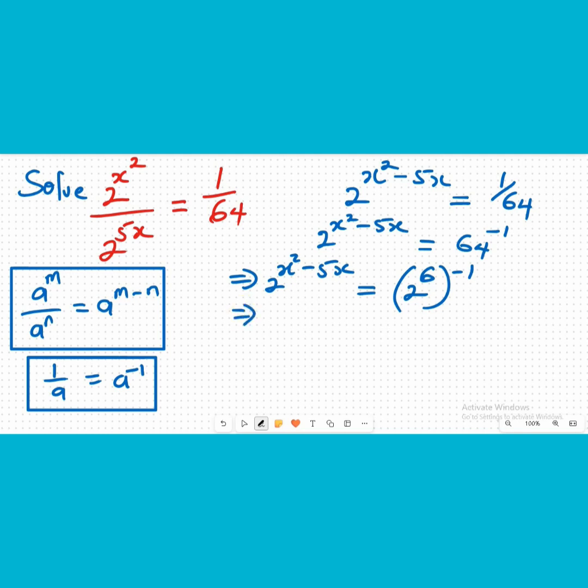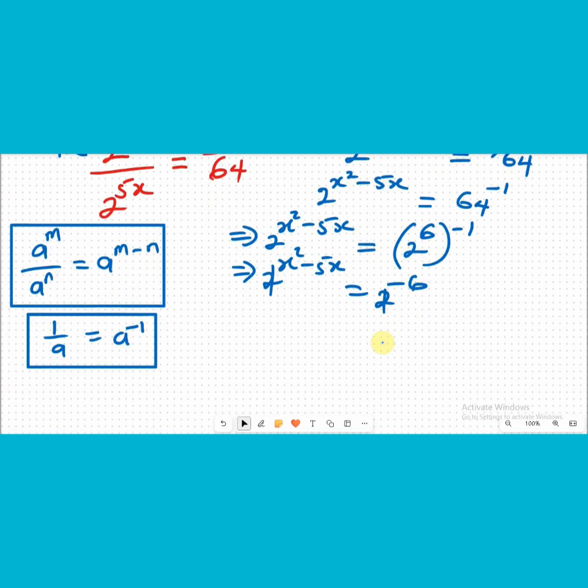The exponents multiply: 6 times minus 1 gives minus 6. So you can see this will cancel out this, and I will now pick the exponent: x squared minus 5x is equal to minus 6.